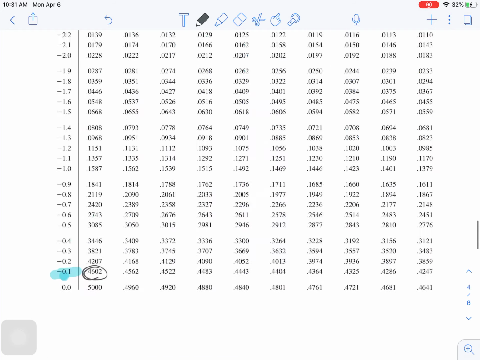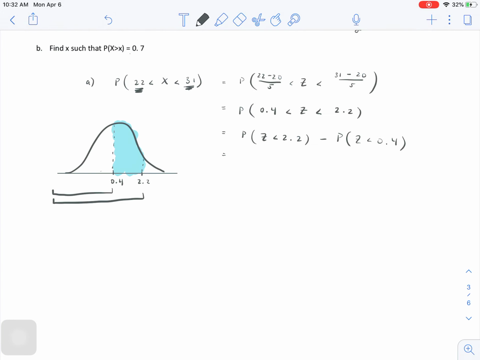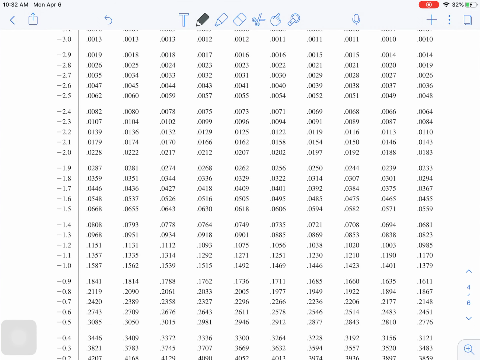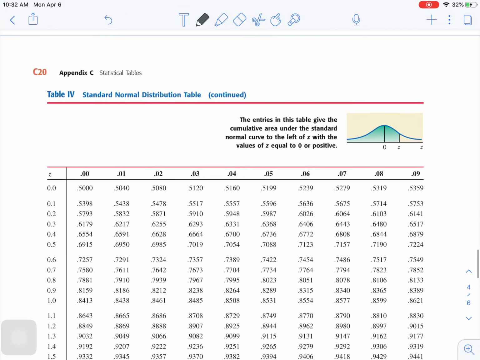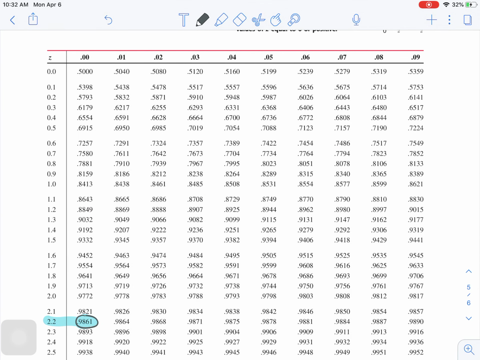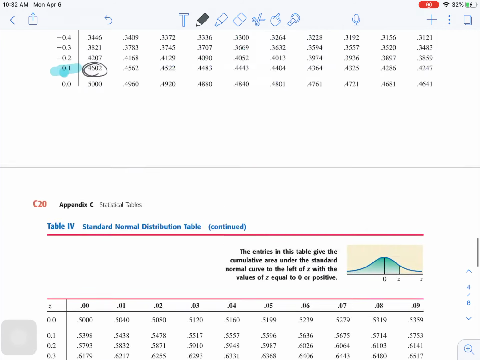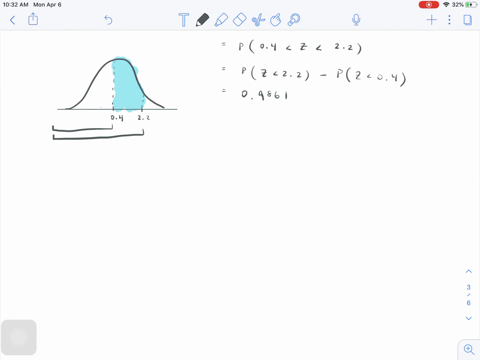That area is 0.9861. The area to the left of 0.40 is this right here, 0.6554. I can plug this into my calculator, and I should get that the area in the middle is 0.3307.